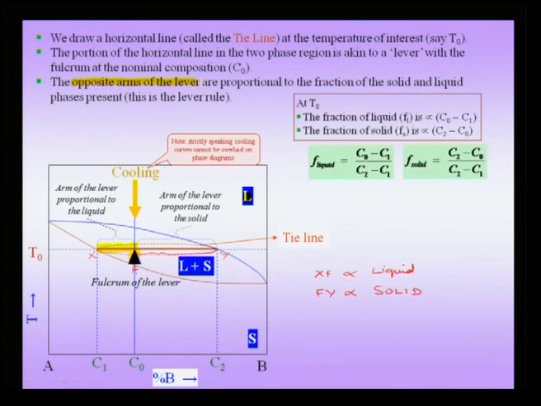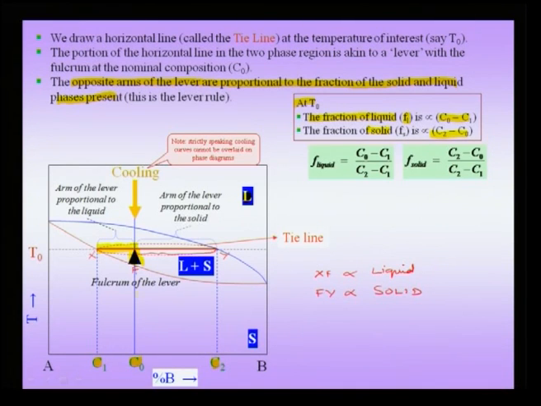So, the opposite arms of the lever are proportional to the fraction of the solid and liquid phases present, and this is the lever rule. So, at T0 the fraction of the liquid F1, which we call F subscript 1, is proportional to C0 minus C1, and the fraction of the solid, which has a composition C1, is proportional to this arm of the lever, which is C2 minus C0.